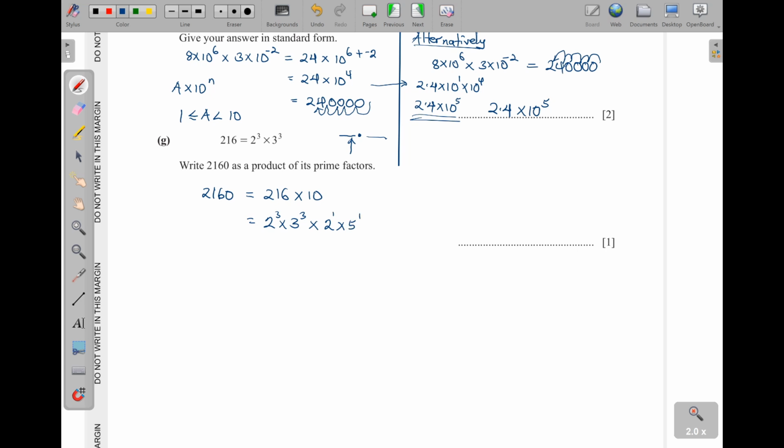All of them are power 1. Using the rules of indices, I will have 2 power 3, then I add a 1, times 3 power 3, then times 5 power 1. So this one is going to give us 2 power 4 times 3 power 3, then times 5 power 1.